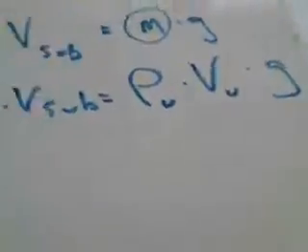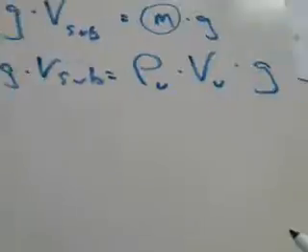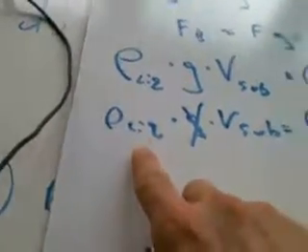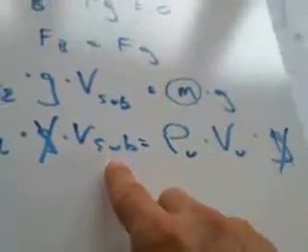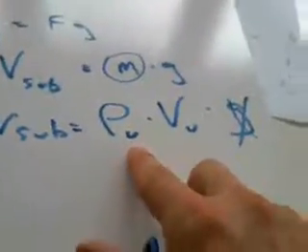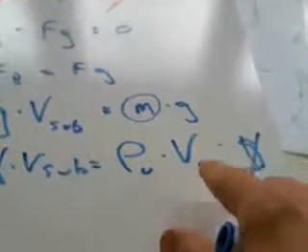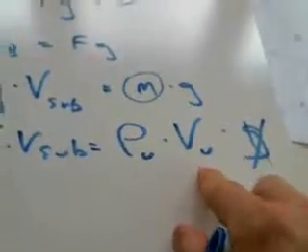Okay, now what you can tell then is it doesn't really matter what planet you're on because the g's cancel. And we're comparing now the density of liquid, the volume that's submerged, the density of u times the volume of u. All right, now this question wants to know what percentage of the volume of u.